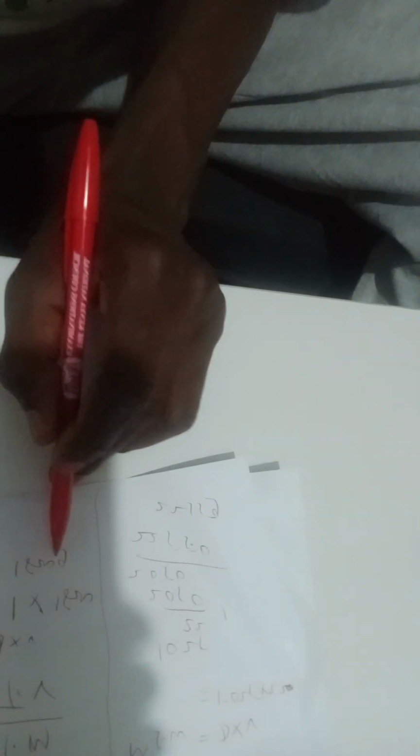Then I now continue my calculation. So density of mixture will be total mass over total volume. So total mass is 1800 plus 2255. Total volume is 1800 plus 2200.